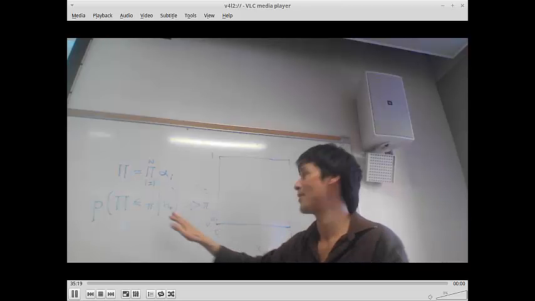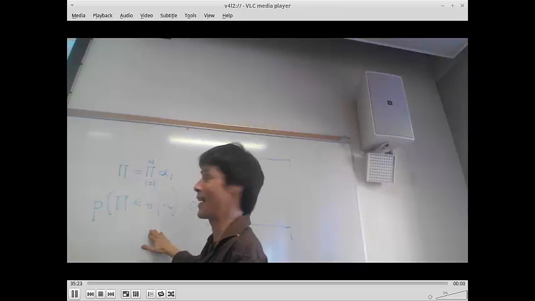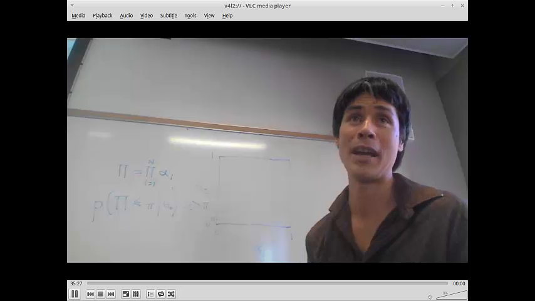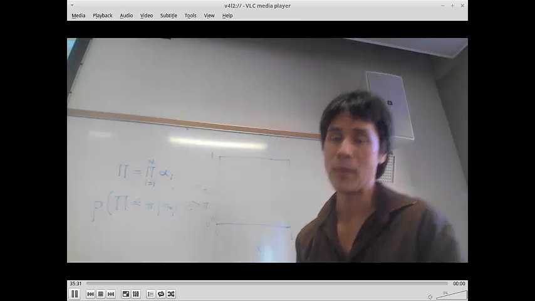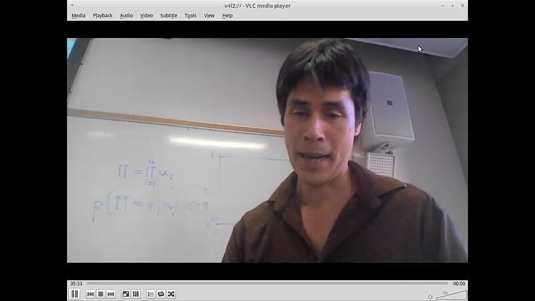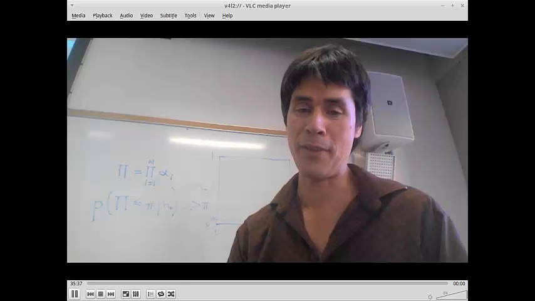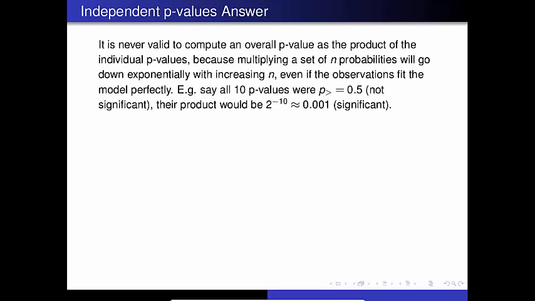It is not the true p-value we're looking for, and it is definitely not equal to just the product. So, long story short, never just multiply p-values as a way of trying to get a significance score for multiple independent observations.